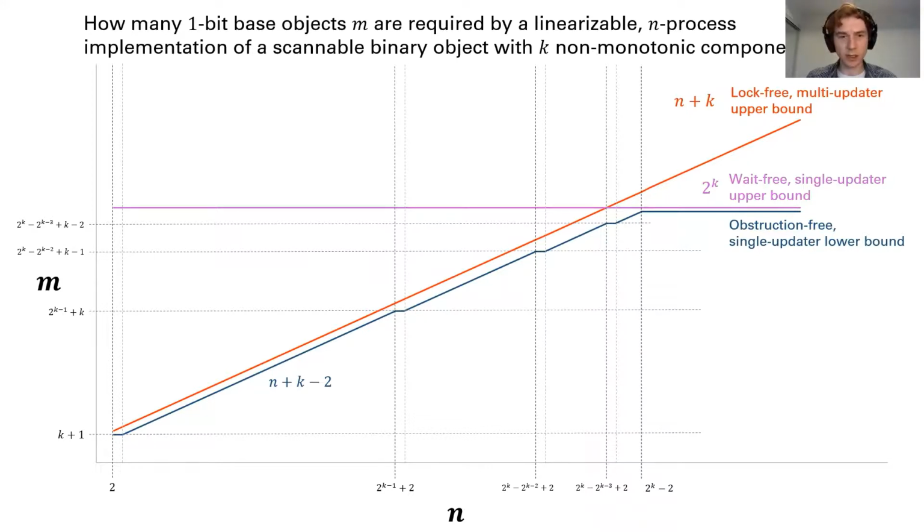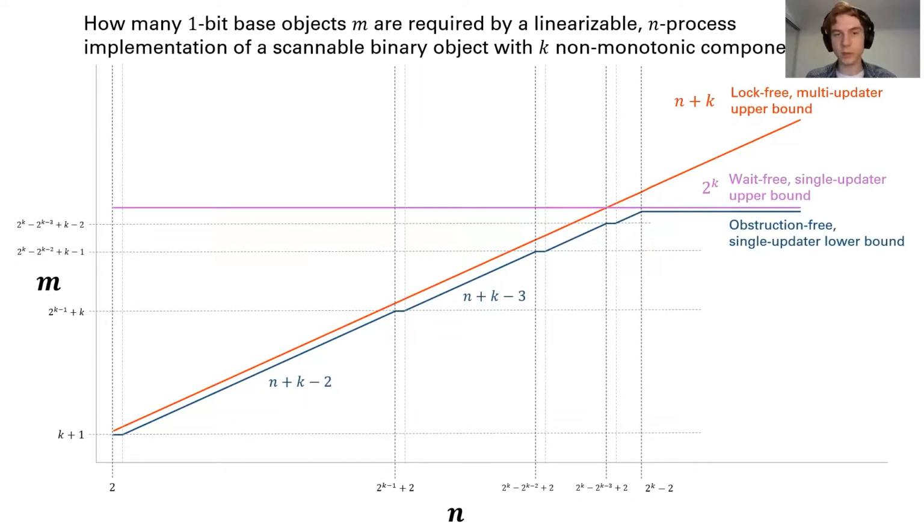And in the next section, between n equals 2 to the k minus 1 plus 3 and n equals 2 to the k minus 2 plus 2, we show that n plus k minus 3 base objects are necessary.